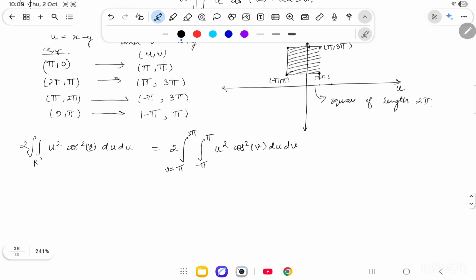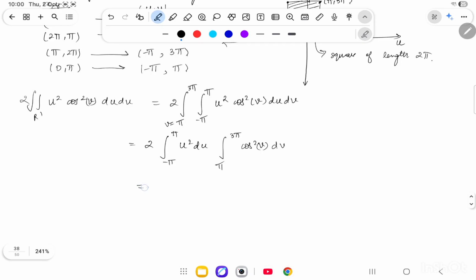Now the limits of integration are constant, not dependent upon u or v, so we can just separate them. So it will be equal to 2 times integration from minus pi to pi of u square du, and integration from pi to 3 pi of cos square v dv.